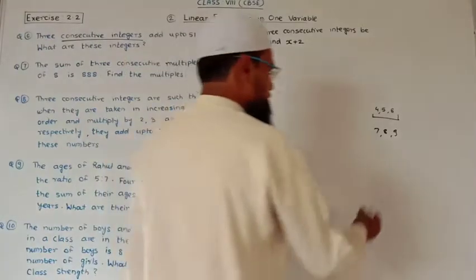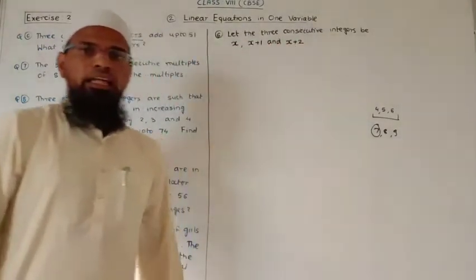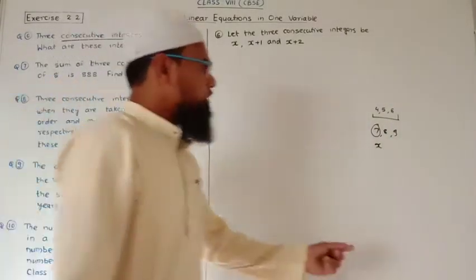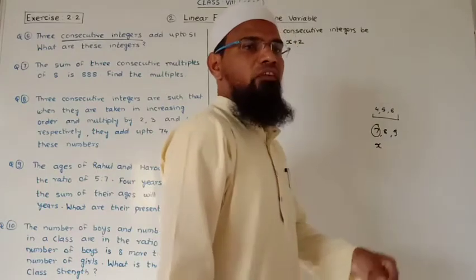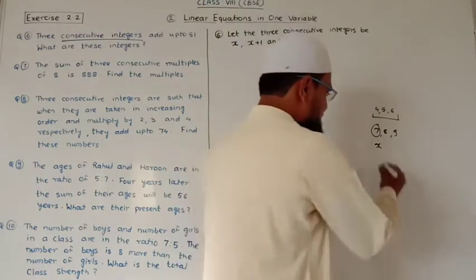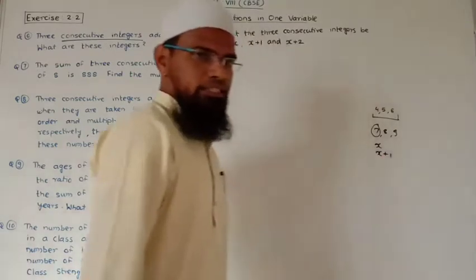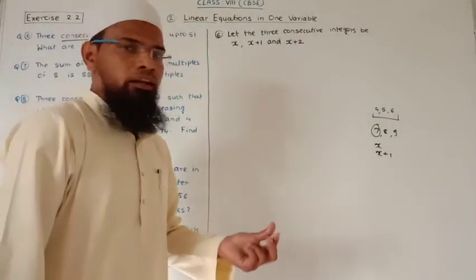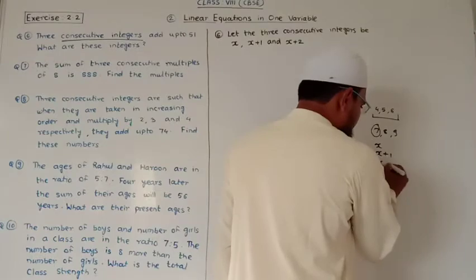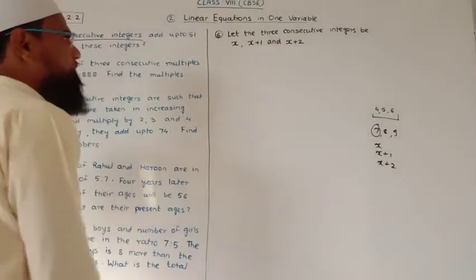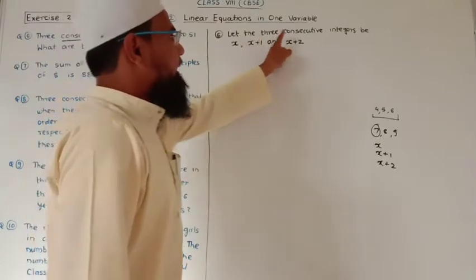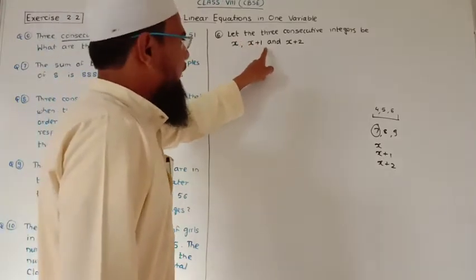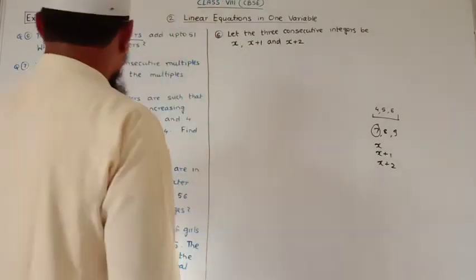If we consider 7 as x, what is the value of 8? 7 plus 1 is equal to 8, meaning the next integer is x plus 1. And the value of 9 is 7 plus 2, so we write x plus 2. In this way, the three consecutive integers are x, x plus 1, and x plus 2.